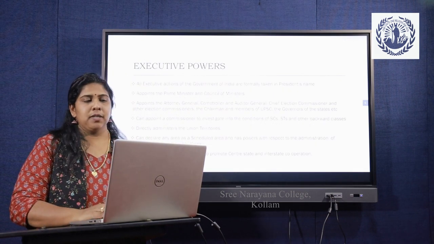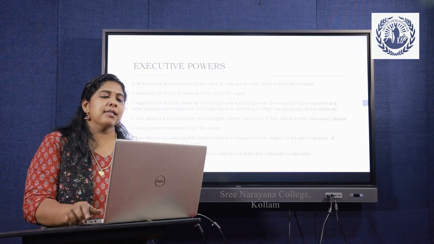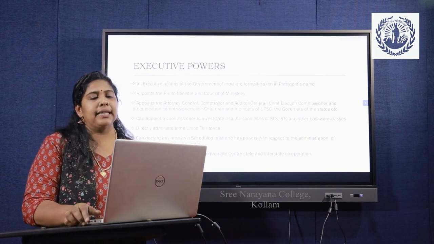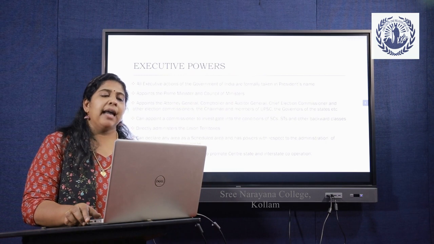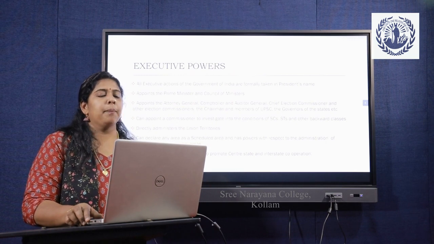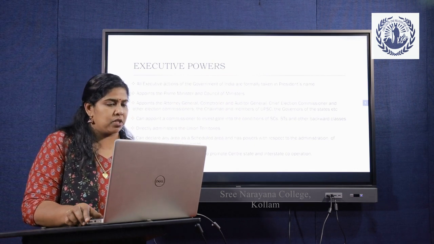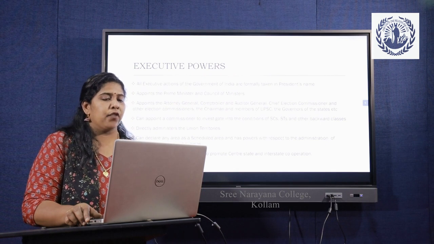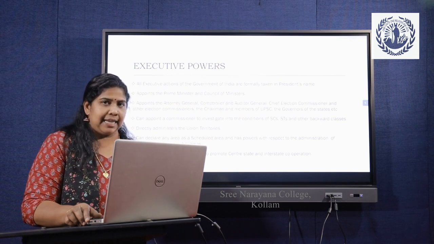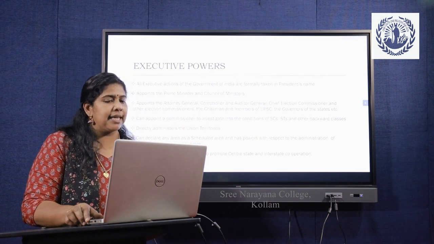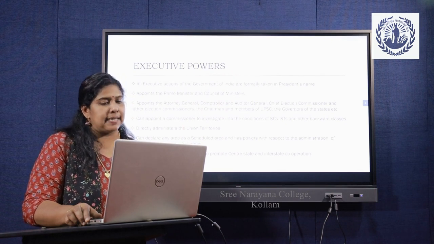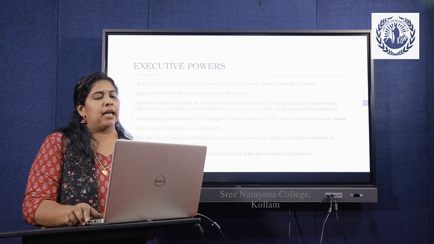Now, executive powers. All executive actions of the Government of India are formally taken in the President's name. He appoints the Prime Minister and the Council of Ministers. He appoints the Attorney General, Comptroller and Auditor General, Chief Election Commissioner and other election commissioners, the chairman and members of UPSC, the governors of the states, etc. He can appoint a commissioner to investigate the conditions of SCs, STs and other backward classes.